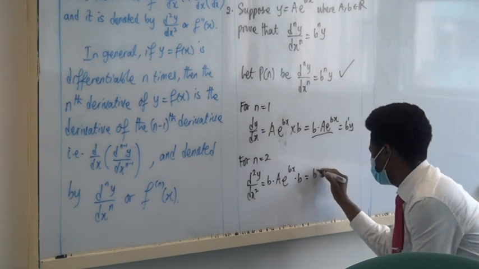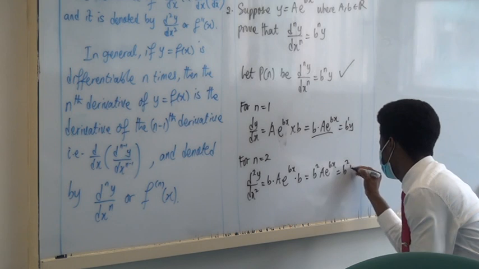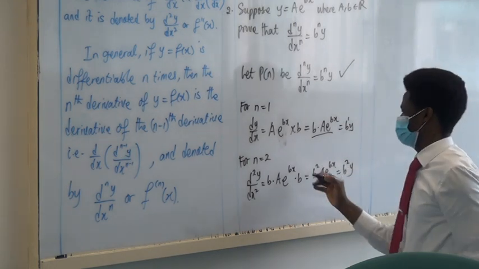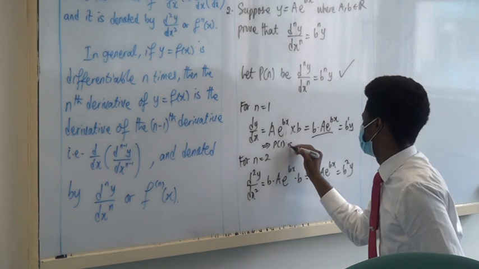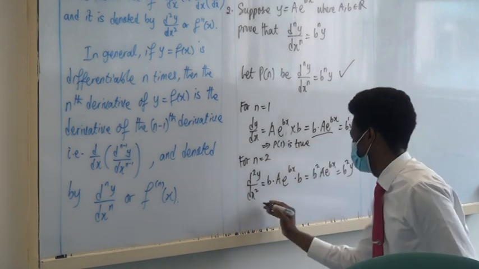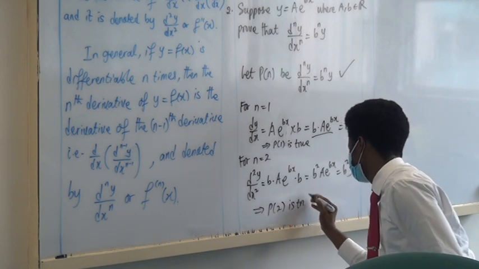So I can write that as b squared a e^(bx), which is equal to b squared y, right? I should say here that this implies that P1 is true. This also now implies that P2 is true.